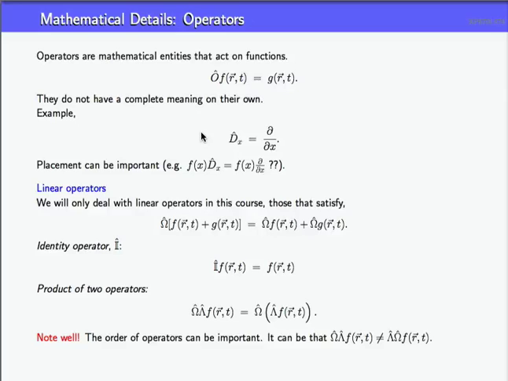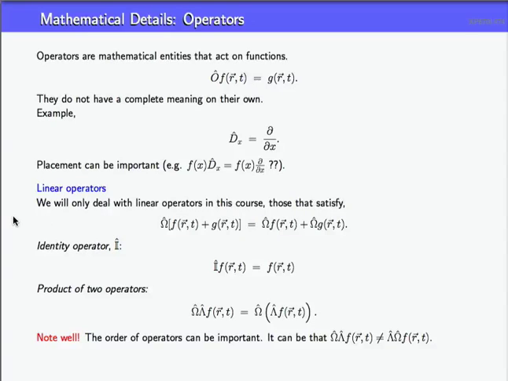Again, by itself, it doesn't have any meaning. But also the placement of the operator is important because it acts to the right. The derivative symbol usually acts to the right. For example, f of x times d/dx, what does that mean? Function times the derivative, and the derivative is not acting on anything. Seems like nonsense in a sense. So the placement is important as we go forward.